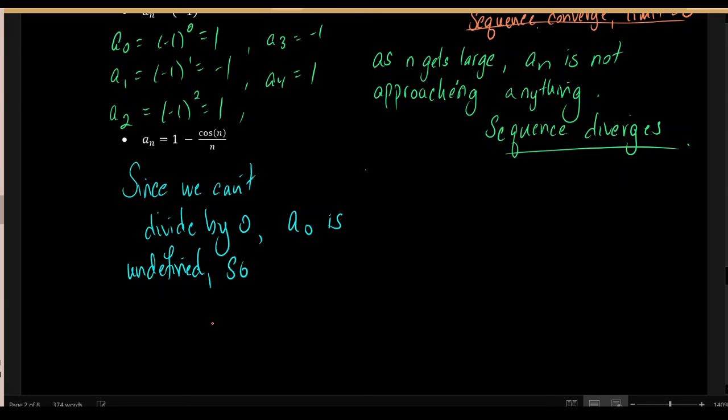So we'll have to swap to the convention that a sub 1 will be the first term. Now cosine is a pretty unique function because no matter what you do, the value of cosine will always be trapped between -1 and 1.